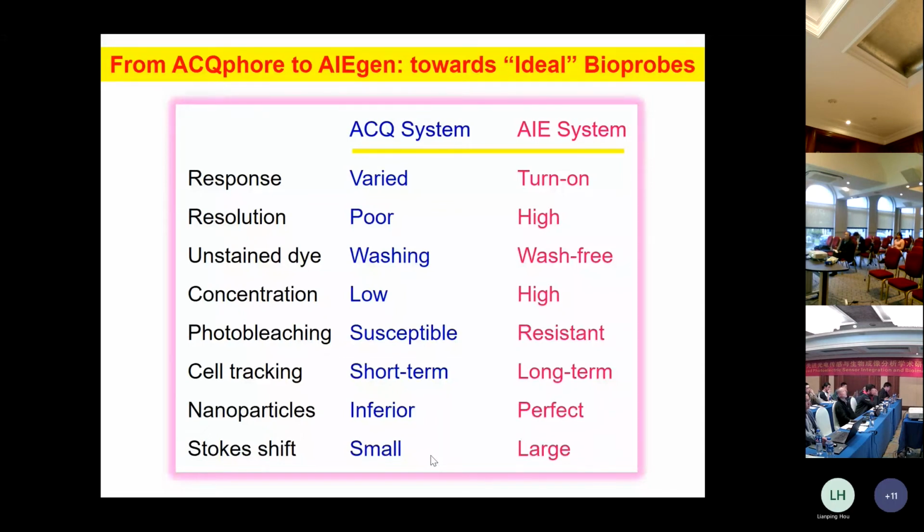For our system, the Stokes shift can be very, very big, can be hundreds, one or two or more than 200 nanometer Stokes shift. So you don't have self-absorption, and you don't have a background from the excitation source.